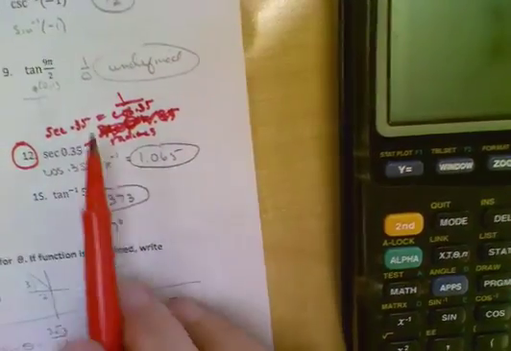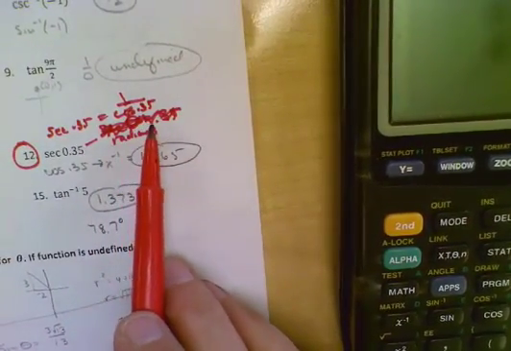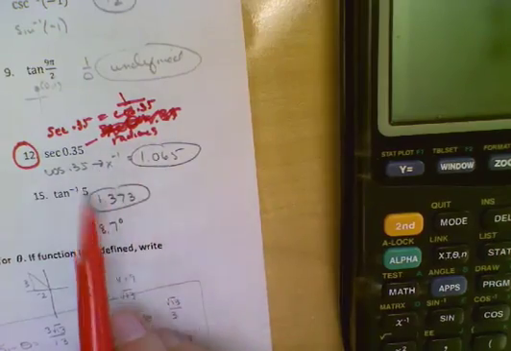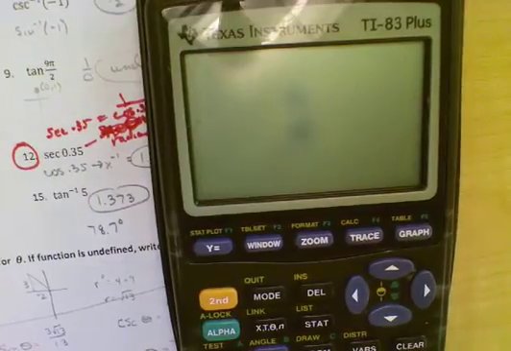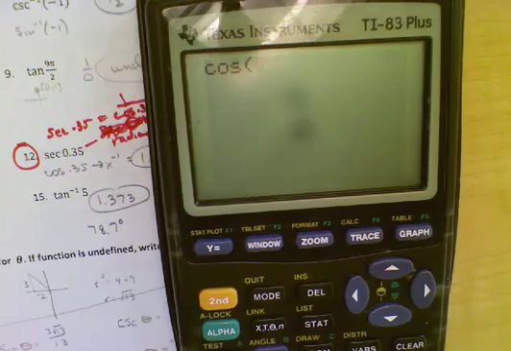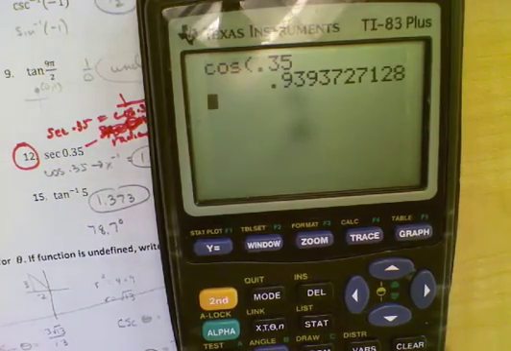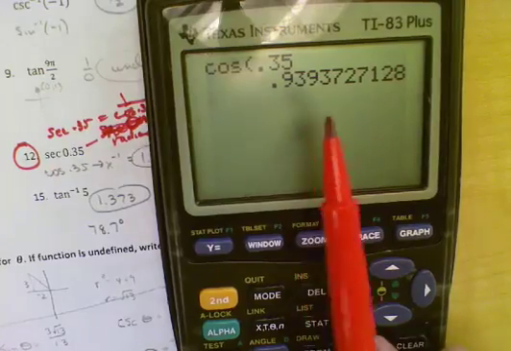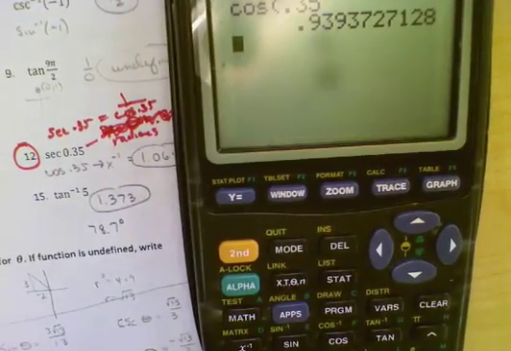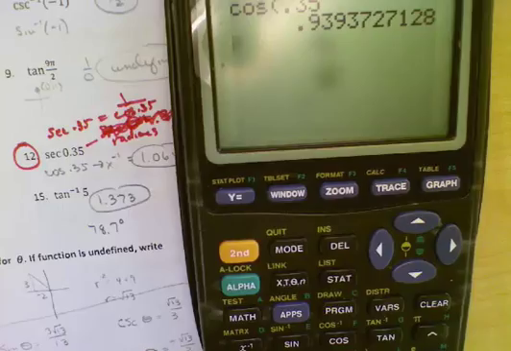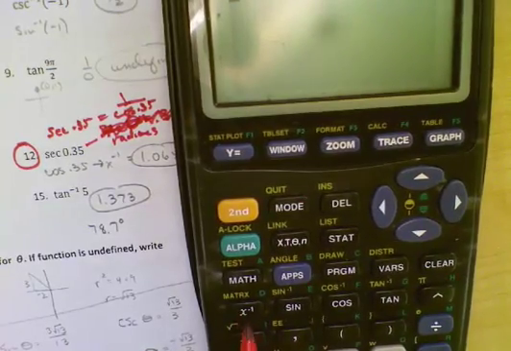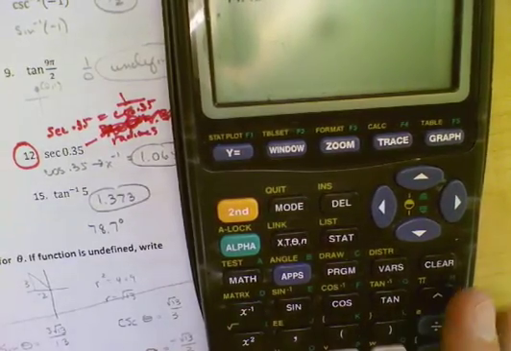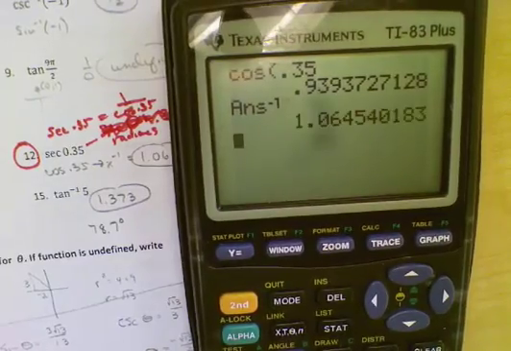So you either can type in 1 divided by the cosine of 0.35, or you can find the cosine of 0.35, and I know the secant is the reciprocal of that number, so I either can take 1 divided by that number, or remember you have a reciprocal button. It's the x to the negative first button, and all you have to do is hit that button. So that will give you the reciprocal of that answer you have right there.